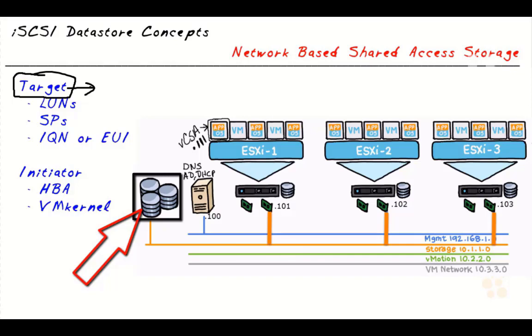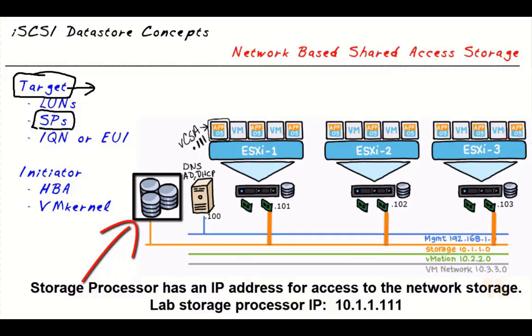This is the basic parts of our iSCSI setup. As I told you, there is a storage portal and an IP address for accessing the network storage. For example, I will give the SP an interface and this IP address for accessing the target SAN or some storage.